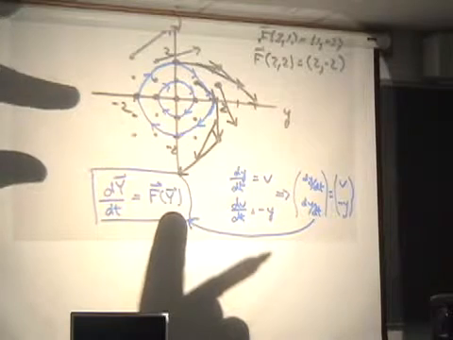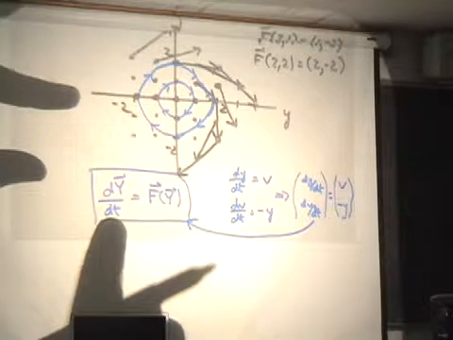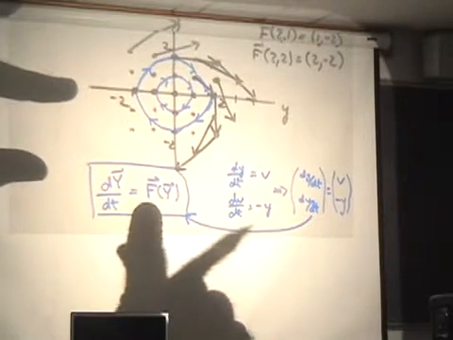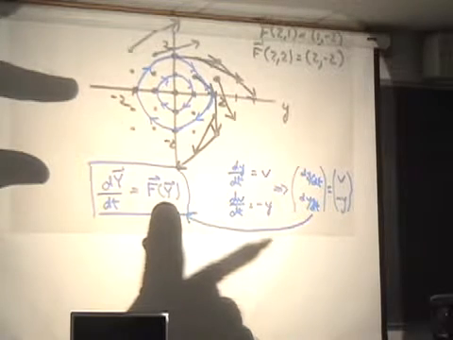I'll say that again. The derivative of a solution curve, which will give you the velocity of the solution curve at any instant in time that you want, equals the output of the vector field for the given point that you happen to be at that instant in time.